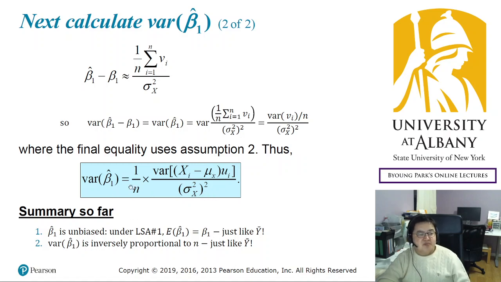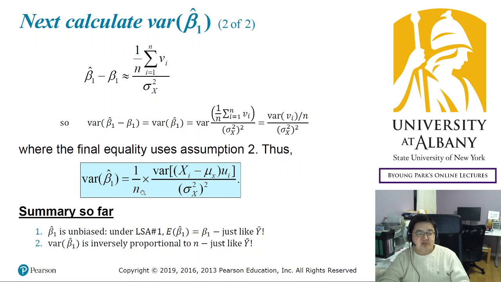First, it depends on the sample size n, inversely proportional to the sample size, which is natural because as the sample size increases, if you have more observations, then your estimator will obviously be better. So the variance of your estimator will be smaller, which means your estimator will be more accurate, more reliable, and there will be less error.